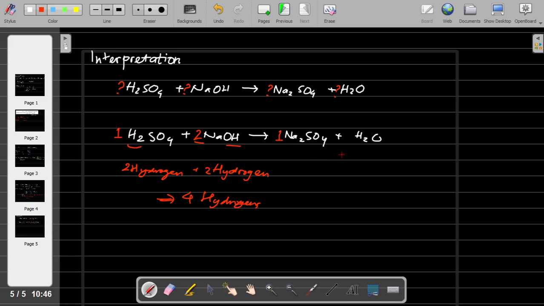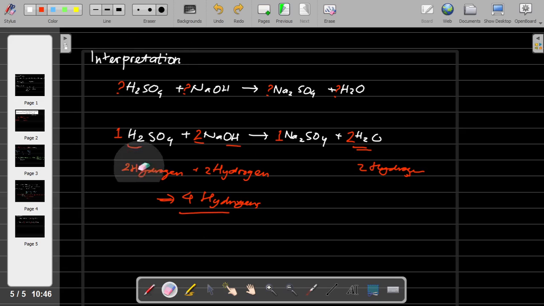On the right hand side, we only have 2 hydrogen. So if we want to make it 4 atoms of hydrogen, we have to put number 2 here. So the total amount of hydrogen on the right hand side is 4, which is similar to the total amount of hydrogen atoms on the left hand side. So 4 hydrogen and also 4 hydrogen. So this equation is balanced now.